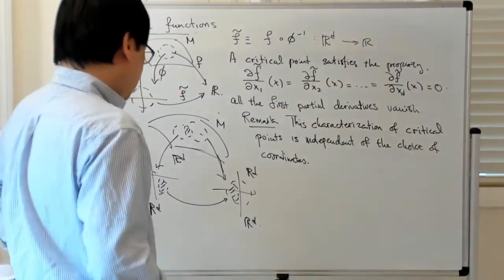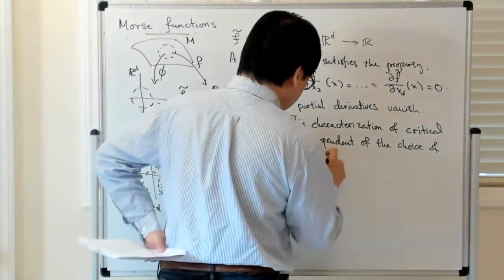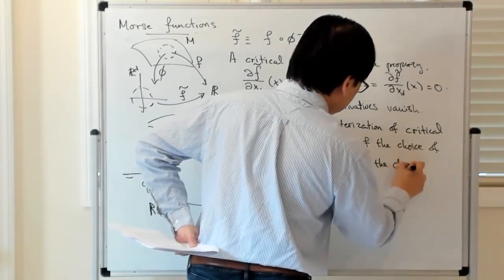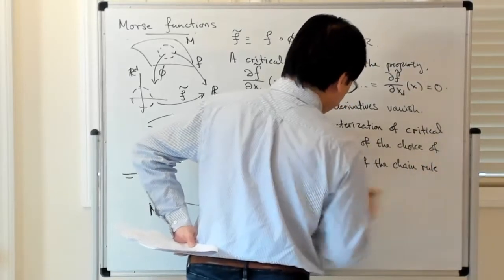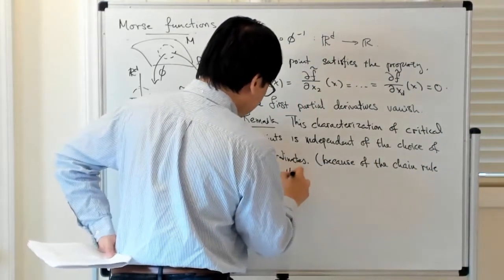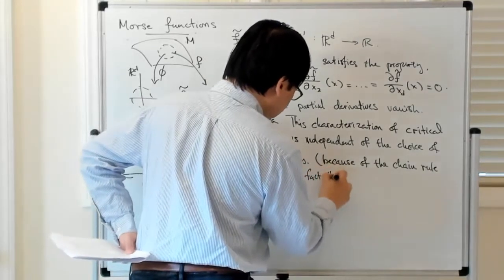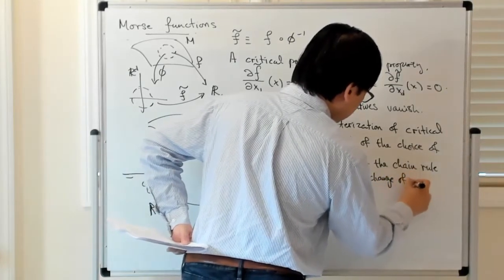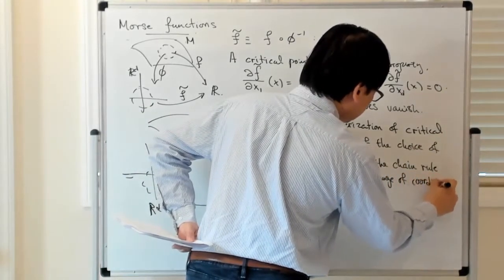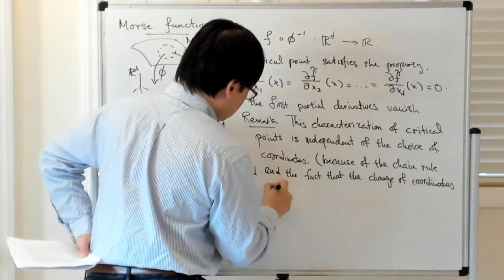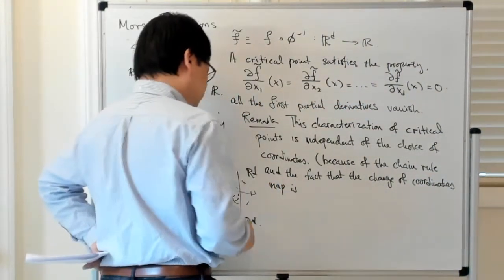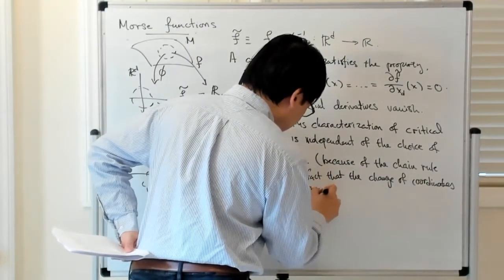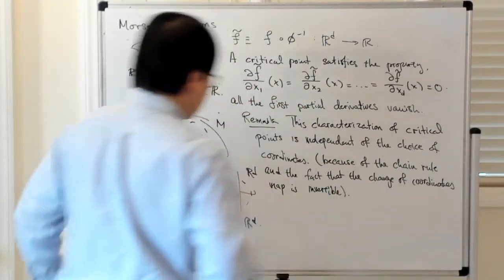This is because of the chain rule and the fact that the change of coordinates map is invertible, amongst other things.